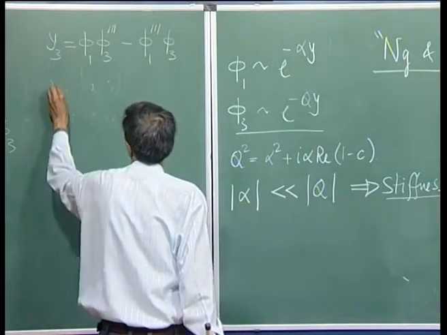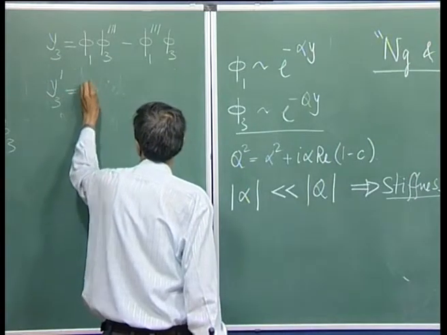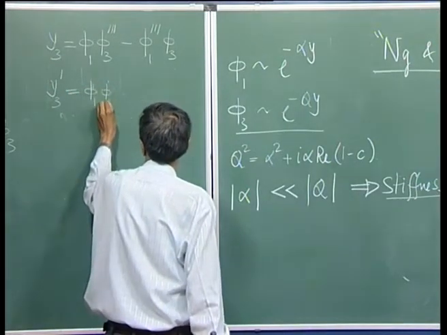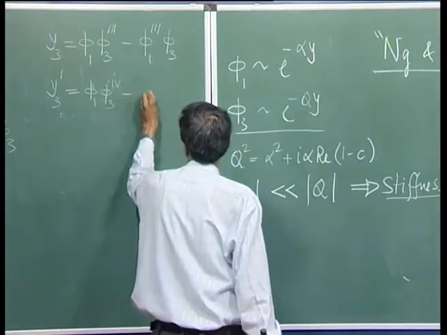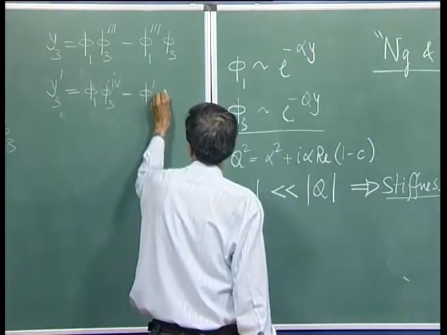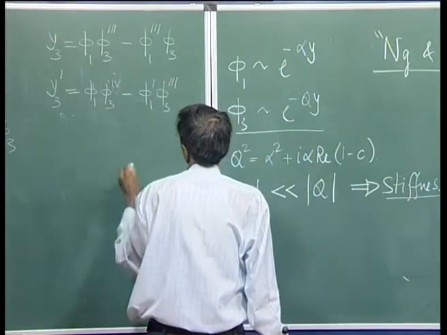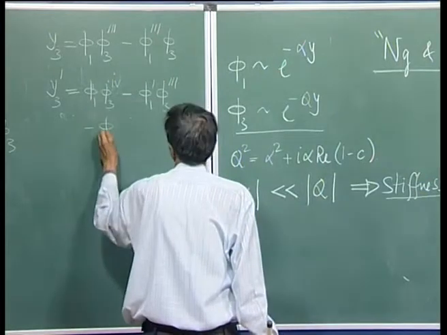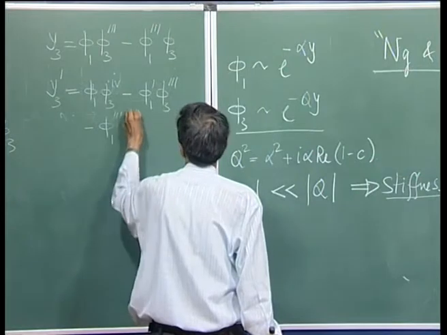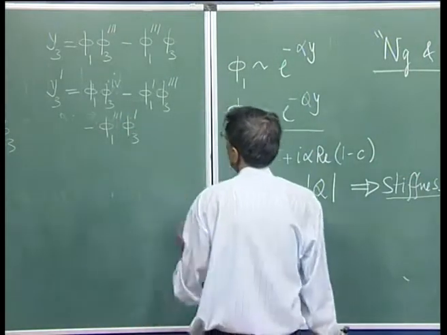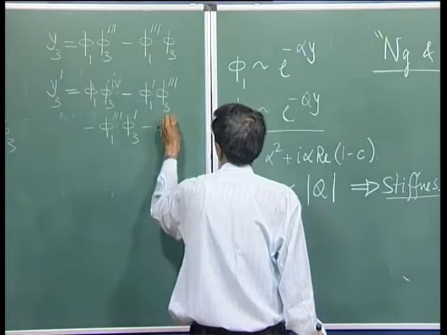So, if I do y 3 prime, one part will be phi 1 phi 3 fourth prime minus phi 1 prime phi 3 triple prime minus phi 1 triple prime phi 3 prime, and then I will also have phi 1 fourth prime phi 3.